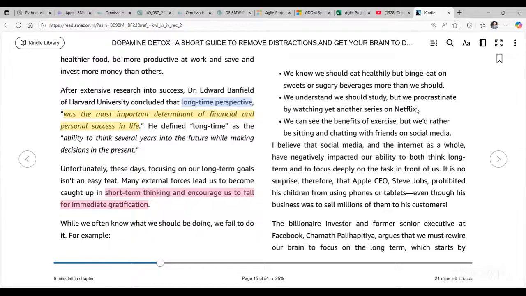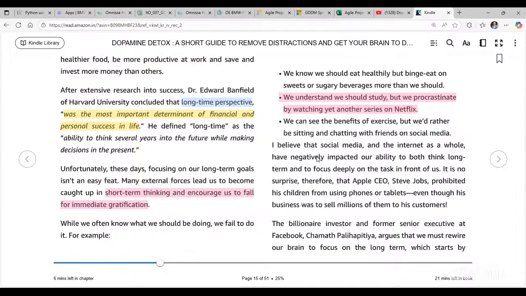There are other psychological reasons also associated. I'm not sure whether the author is going to touch on them or not, but if not, we will definitely take it up in the study session. We can see the benefits of exercise, but we would rather be sitting and chatting with friends on social media.